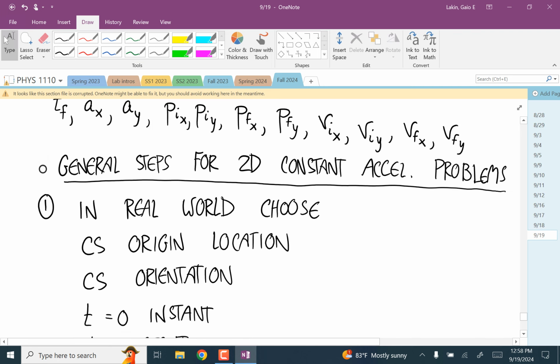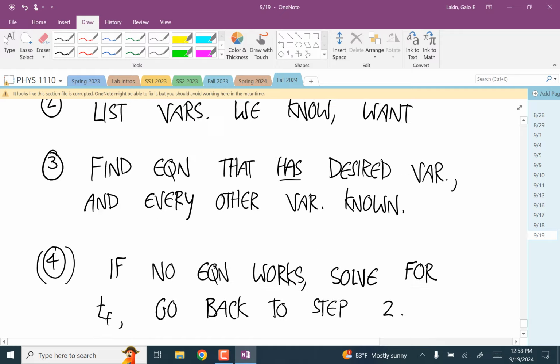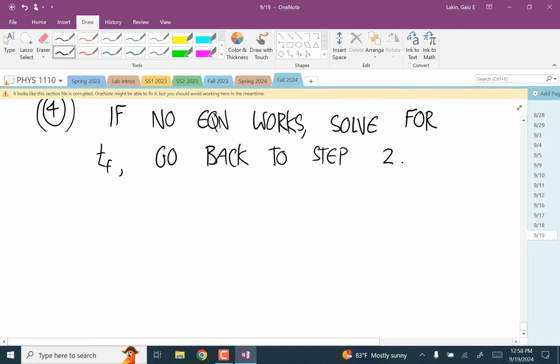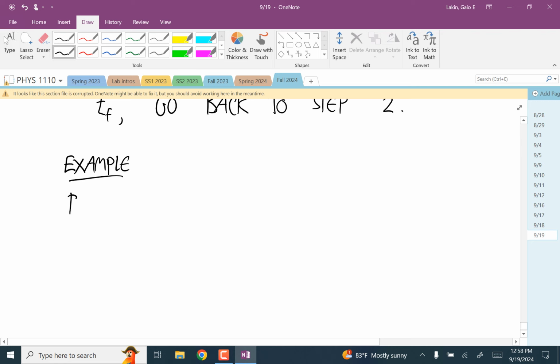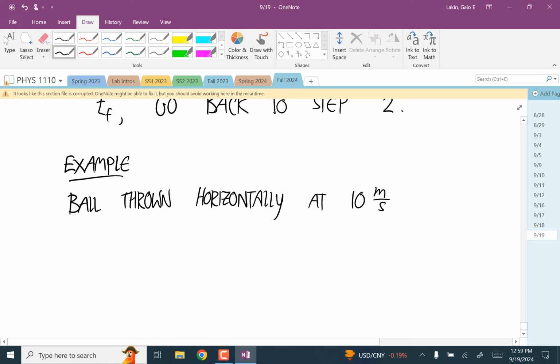Okay, I'm going to do one example problem, and then we'll do the quiz. So let's say a ball is thrown horizontally with a speed of 10 meters per second from a height of 4 meters.